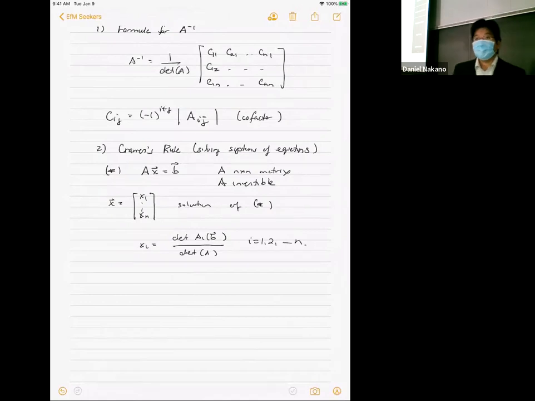We actually went through this, and for small examples, it's not so bad to compute solutions just using determinants. Any questions on this so far?